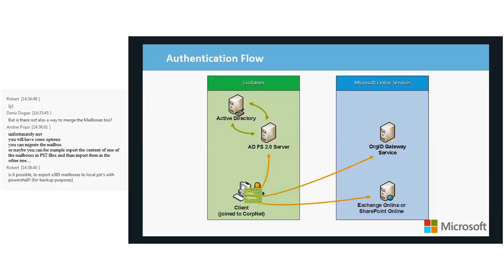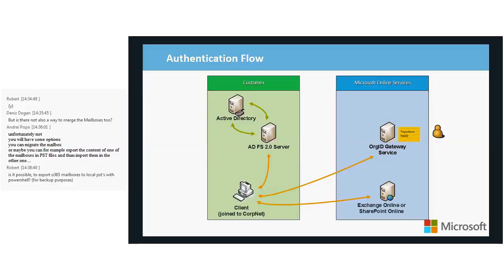Hey, here's your token. Send this to Azure Active Directory. Then the browser sends the token to Azure Active Directory and says, hey, here's the token from my ADFS server. Please give me an authentication token for Exchange Online, so that also the Exchange Online service would know that I am allowed to access Exchange resources.